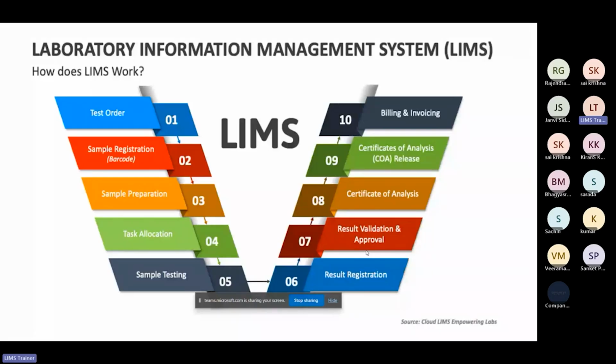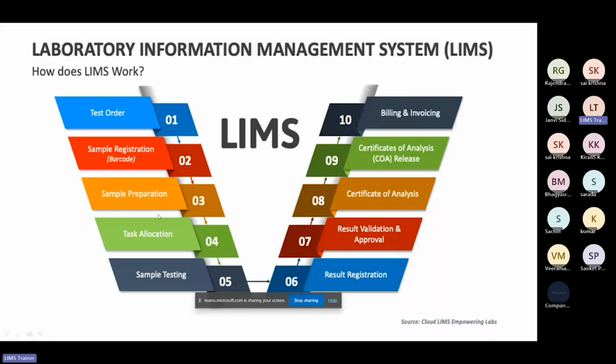In the hospital laboratory there will be a test order because the customer wants the test results, right? In your company laboratory, the manager wants the results. The second stage is sample registration. After the test order, the sample will be registered and a barcode generated, and that sample goes to the third stage, sample preparation.